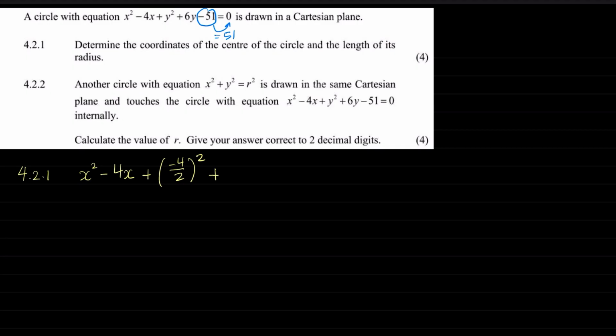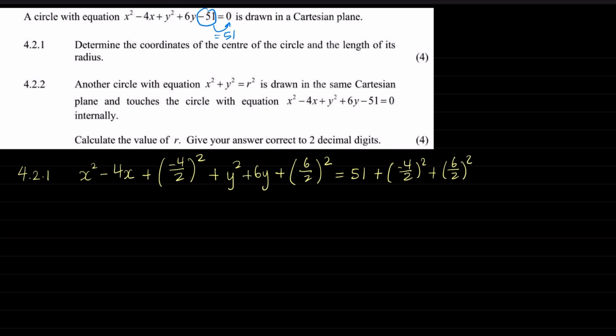Then plus y squared plus 6y, then I'm going to add half of 6 and I'm going to square it. And that's equal to the 51 on the side, and I'm going to add this minus 4 over 2 all squared, and I'm going to add the 6 over 2 all squared.